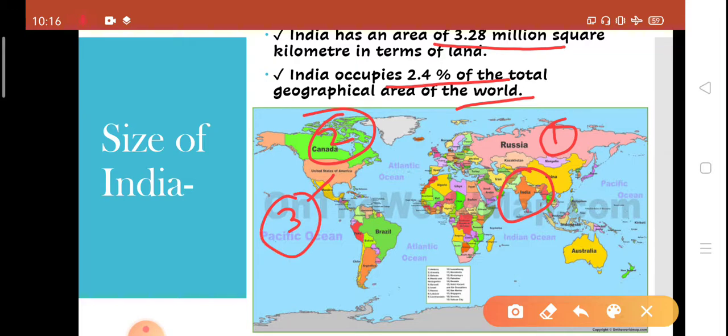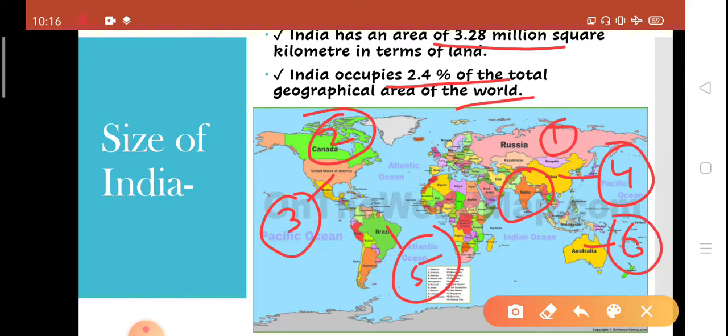The fourth largest country of the world is China, on the right of India in bright yellow color. After China, we have Brazil. That means Brazil is the 5th largest country in the world. The 6th largest country is Australia, again marked in dark yellow color. And finally, we have India, which is the 7th largest country in the world.